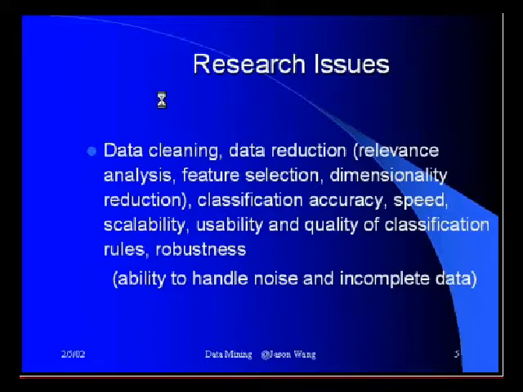The classifier should be robust in the sense that even though in reality you have unclean data, your data have noises, your classifier should be able to handle noises and incomplete data and give you unbiased prediction. So all these are research issues, and a lot of papers are being published to address these issues for different types of data in different domains.